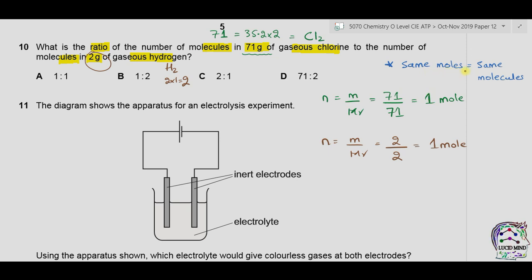As we know that same moles mean same molecules, the ratio of moles is 1:1. So the ratio of molecules will also be 1:1. This is because for 1 mole always 6 × 10^23 molecules are present. As the number of molecules is the same in both, the ratio is 1:1. The answer is therefore A.